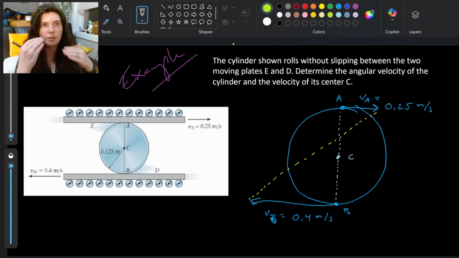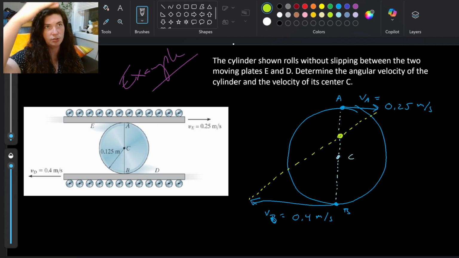Whichever number is lower, that's the one IC is going to be closer to. Since VA is lower than VB, our IC is going to be closer up here to VA. So somewhere in here, we're going to have that center of zero velocity.